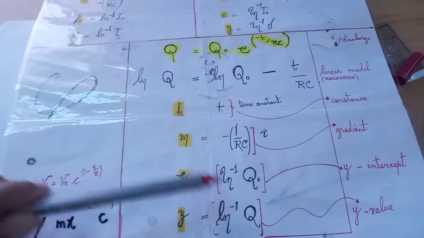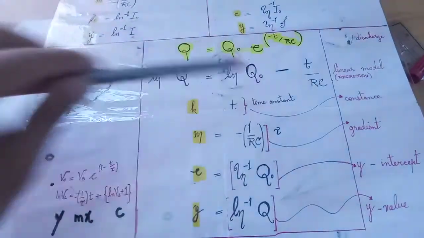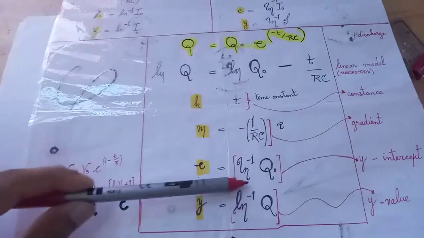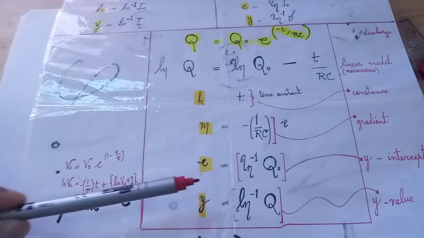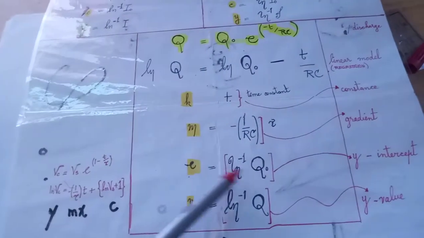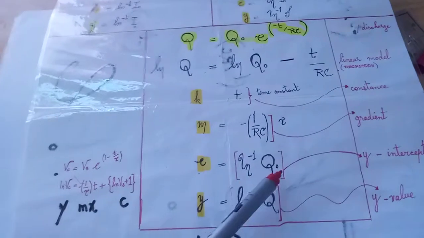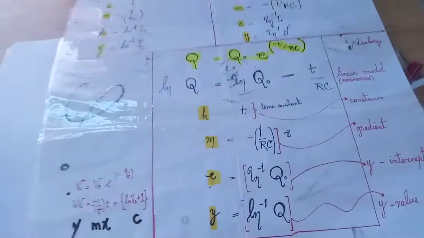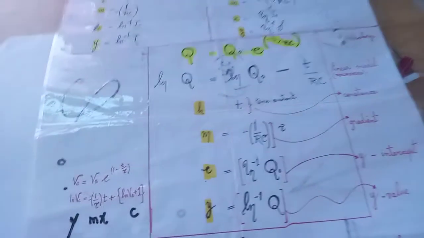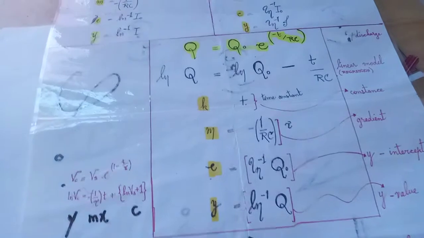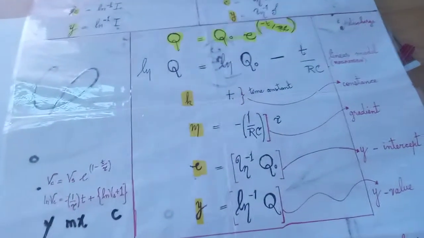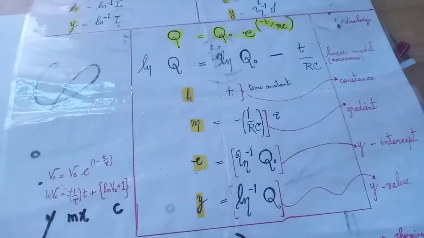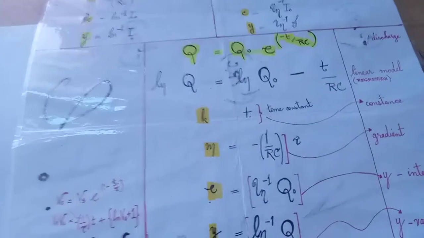So you take natural logs, decompose the equation, and then once you're trying to calculate C, Y, and M, you have to inverse natural log the quantity to get the C, to get the Y, and this will be your gradient, which is M, and the K will remain constant because time doesn't change. The time taken would almost always remain constant, and may change a little bit if the capacitor material deteriorates.